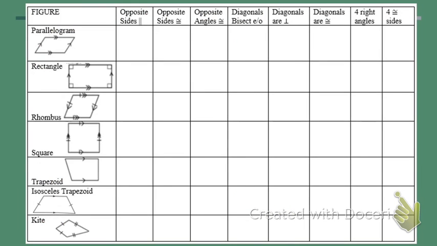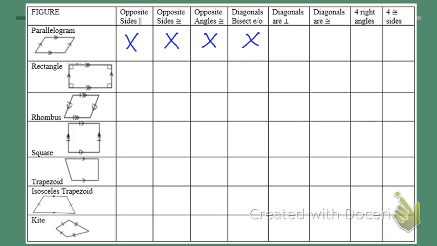All right, so we're going to take a moment to fill out this chart here. When you've got a parallelogram, opposite sides parallel, yes. Opposite sides congruent, yes. Opposite angles, diagonals bisect each other, yes. We'll get to the other couple, but let's just start with these.